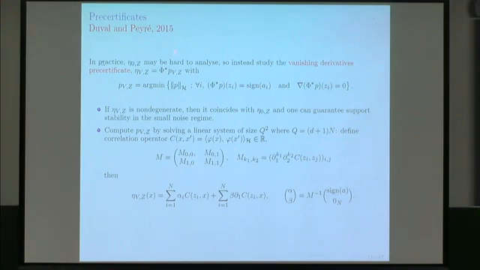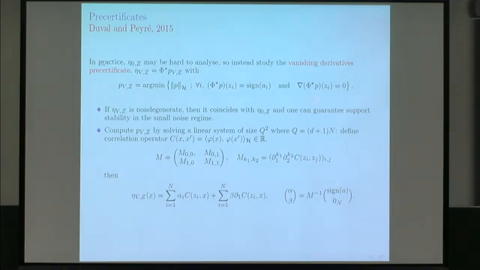Well, actually, I say I, but this was Bonnans and Gabriel. Anyway, if this pre-certificate is non-degenerate, then it coincides exactly with the minimal norm certificate.